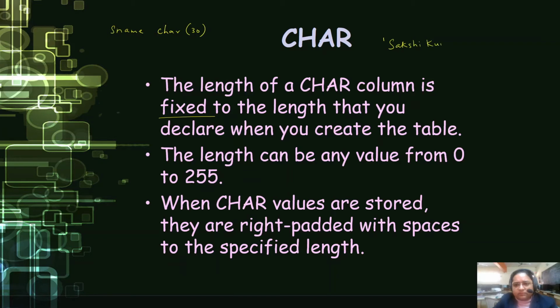which is how many characters? 1, 2, 3, 4, 5, 6, 7, 8, 9, 10, 11, 12, 13. That is 13 characters, which means 17 extra spaces, that is trailing spaces after the actual name.